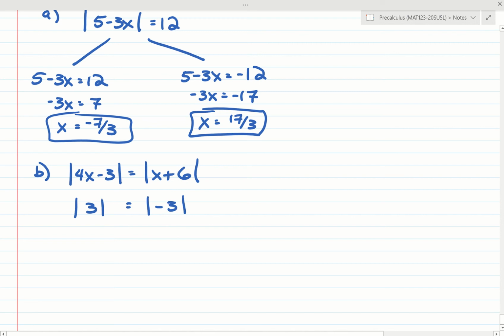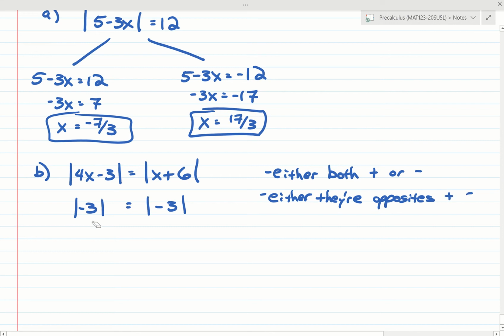So one could be 3, one could be negative 3, or maybe both are negative 3. So we're going to have to account for that. So either both are positive or negative, or maybe they are opposites, meaning like one's positive and one's negative.